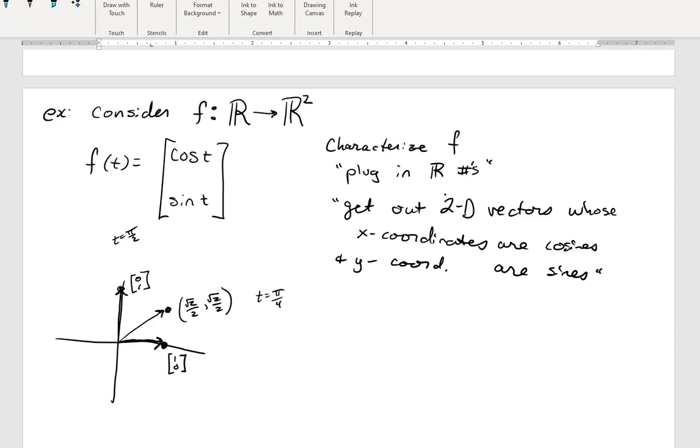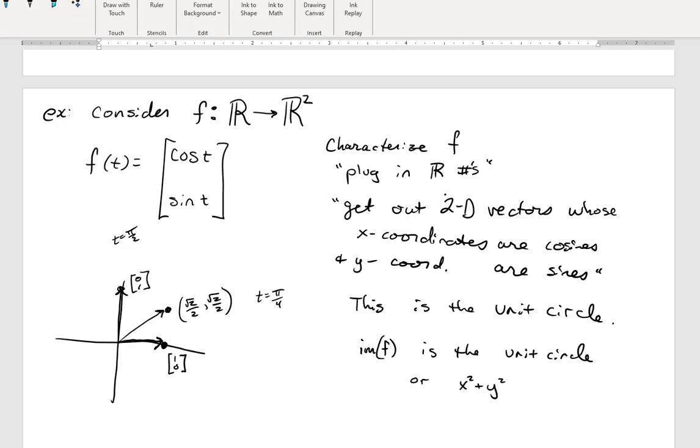What am I forming? The unit circle. The equation of the unit circle is x squared plus y squared equals 1.